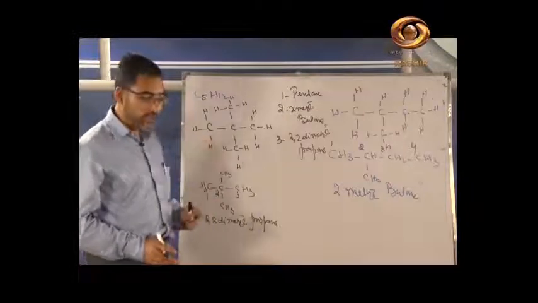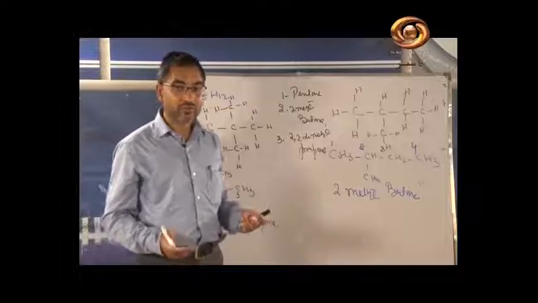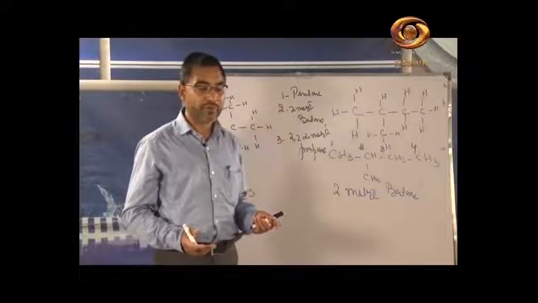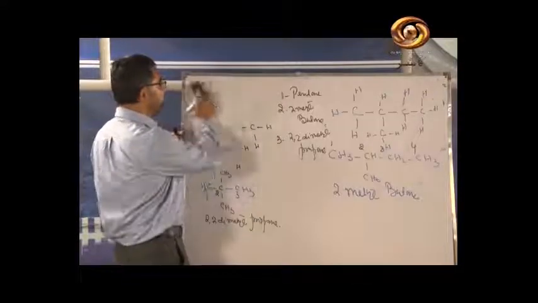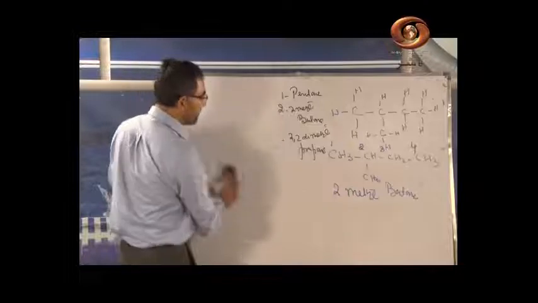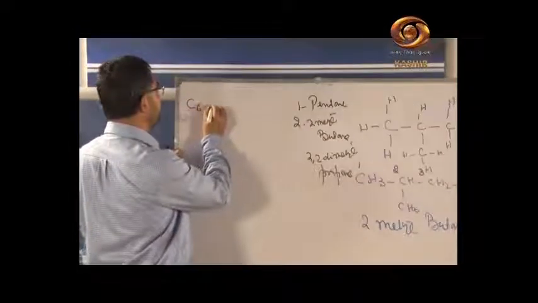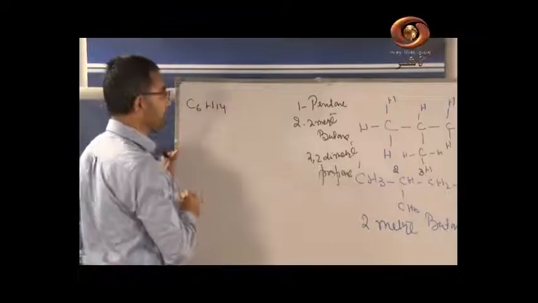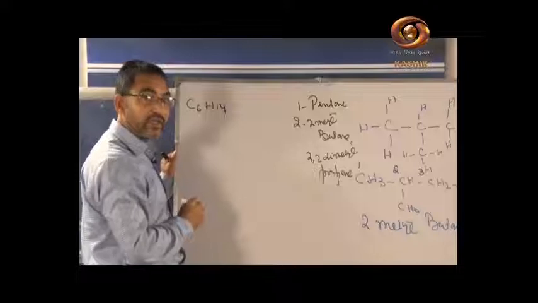So I hope that you are able to understand what the isomers are and how to draw the various structural isomers of a particular molecular formula. आपके लिए जो काम है वो है, आप लिखिए बेटा, draw the possible isomers of C6H14, जितने भी isomers बनेंगे C6H14 के वो आप ड्रा कीजिए, इनका नाम लिखिए.